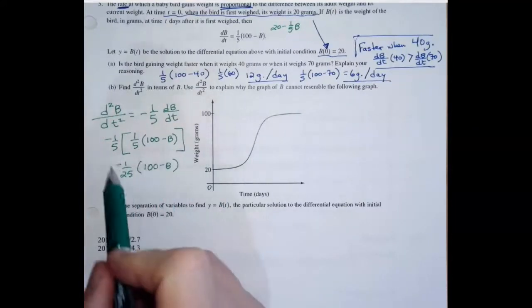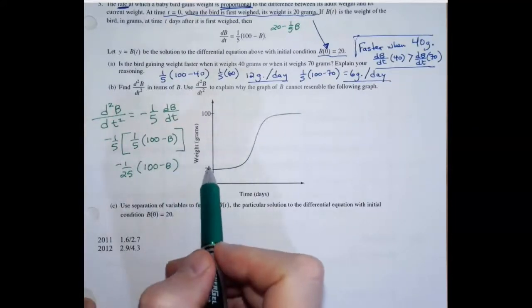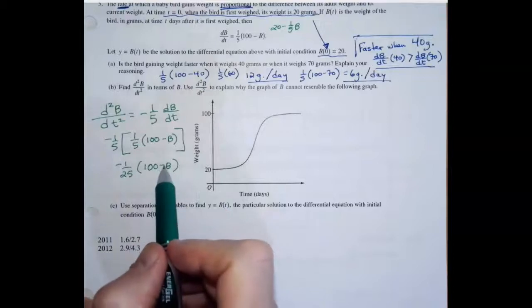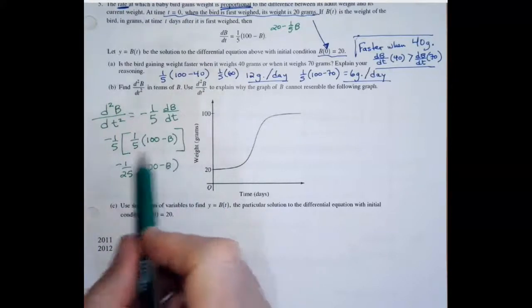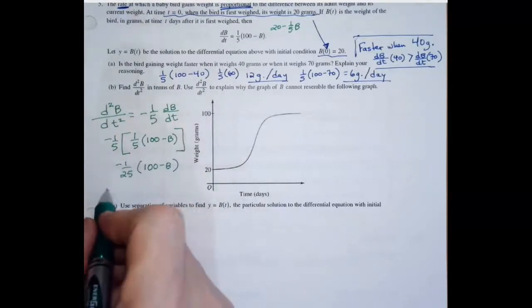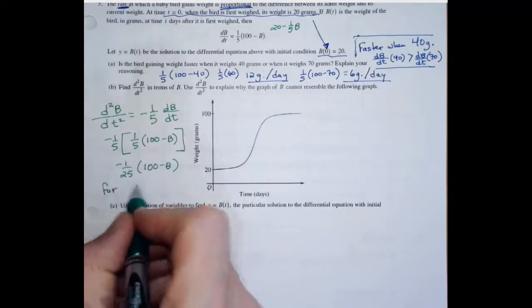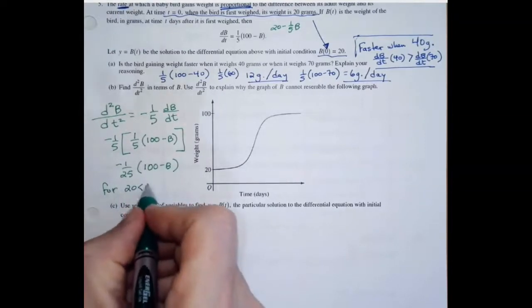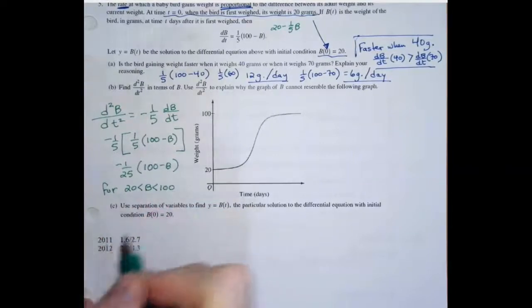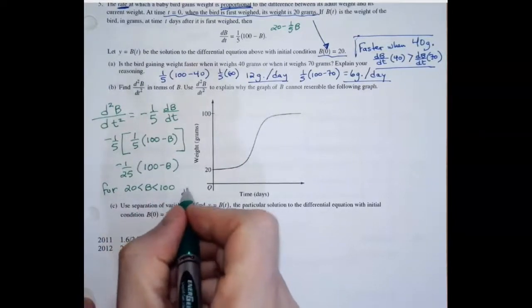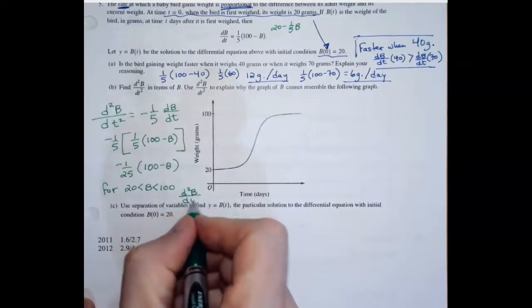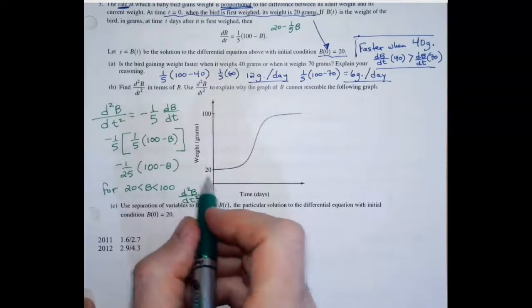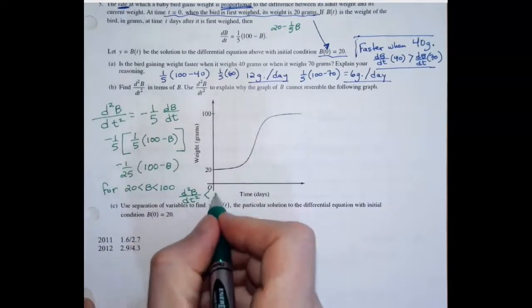If you look at this formula, if we plug in anything between 20 and 100, we're going to get a negative answer. So for b in between 20 and 100, the second derivative is negative, is less than 0.